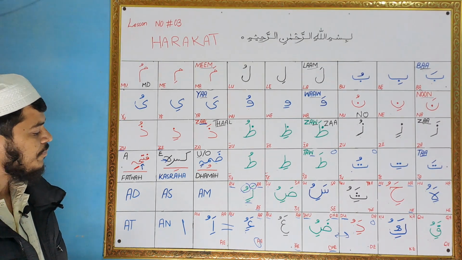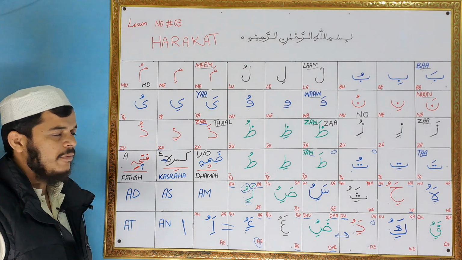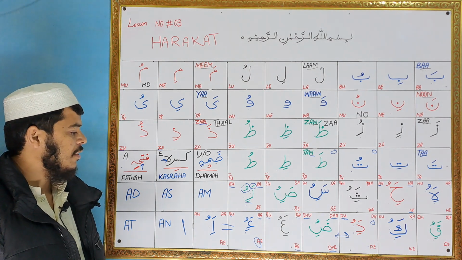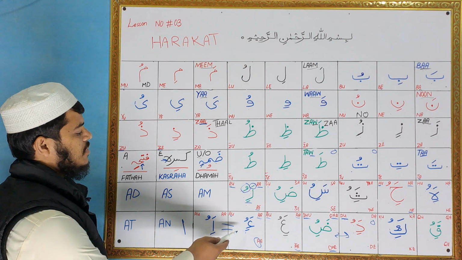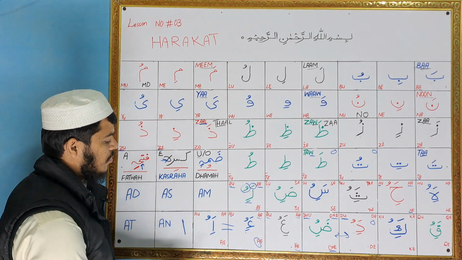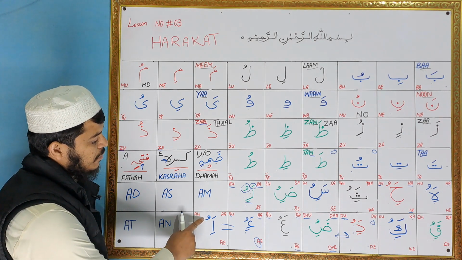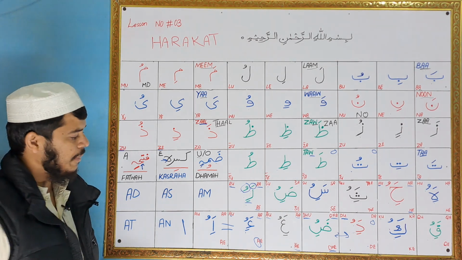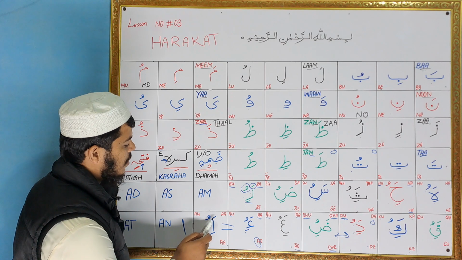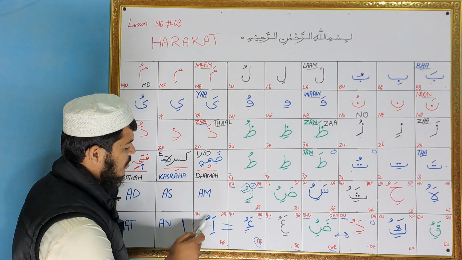So basically, whenever alif comes with any sign on it, fatha, kasra or dhamma, it will give exactly the same sound as hamza. So that's why whenever alif comes with any sign on it, instead of calling it alif, we will call it hamza. It will be easier to remember. So instead of calling alif fatha, we can call it hamza fatha a, hamza kasra e, hamza dhamma u.